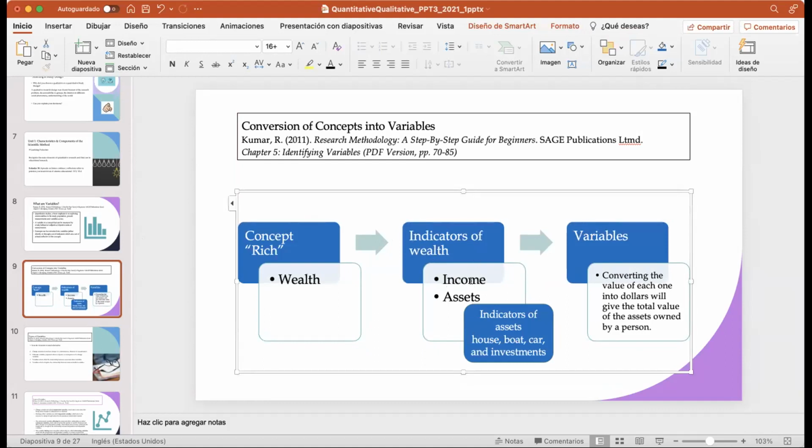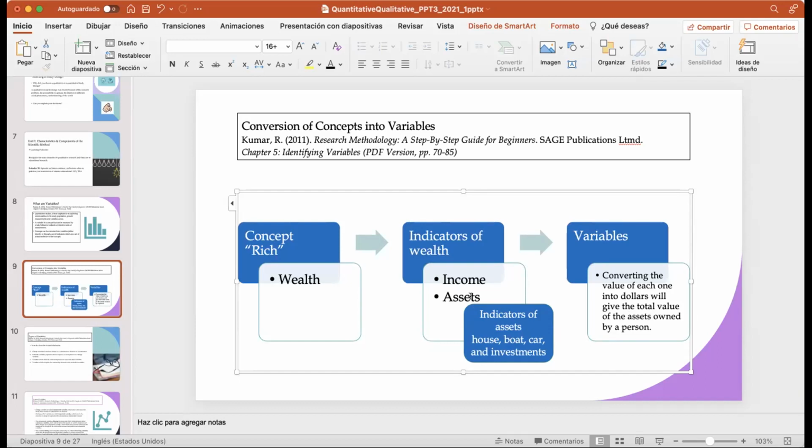So for example, income. An income is a variable that can be measured. Income es el salario, es la entrada de dinero. That's income. And assets, again, assets is very general. We need to subdivide assets into indicators. What are assets?